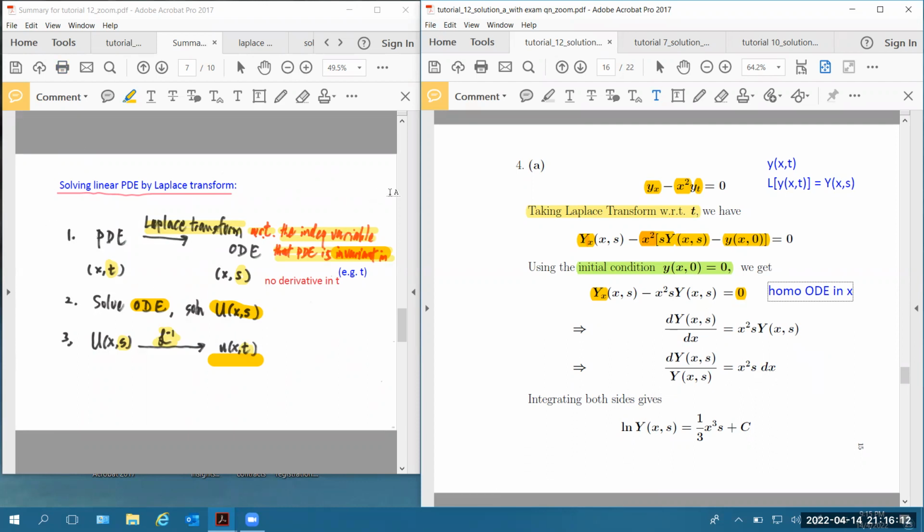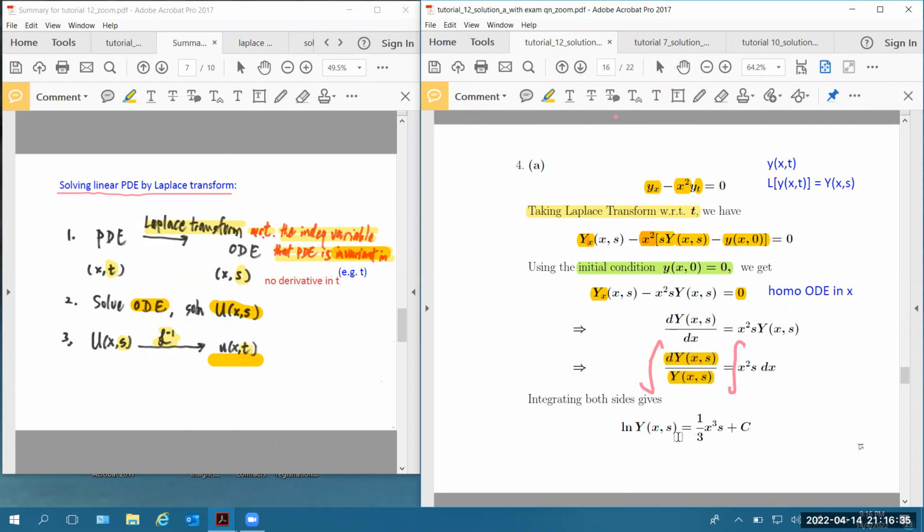Then what we do is just integrate both sides. Now integrate your left side, which is dY over Y.